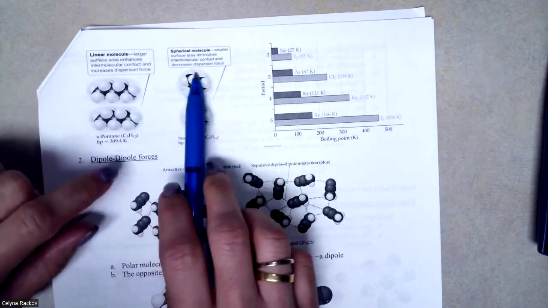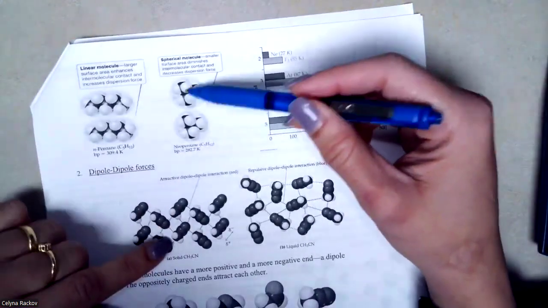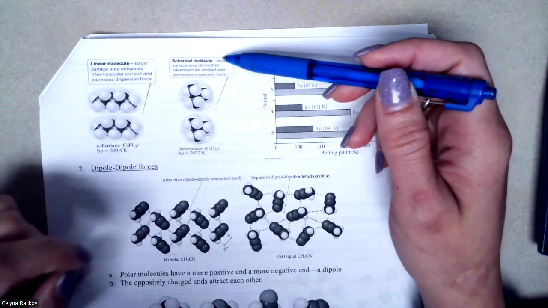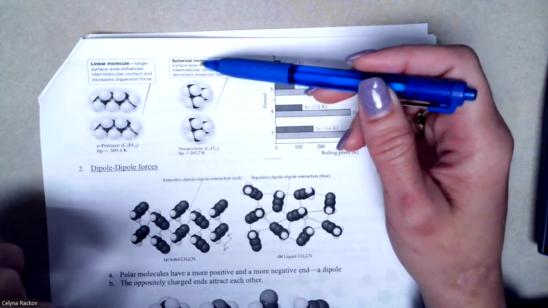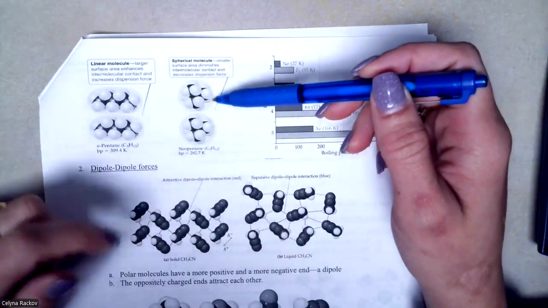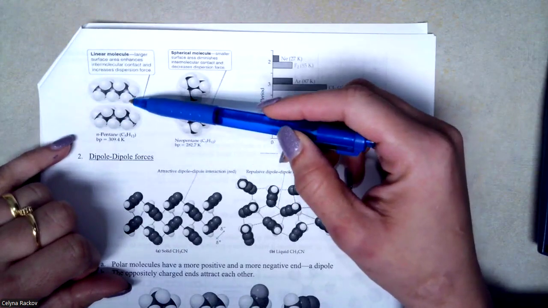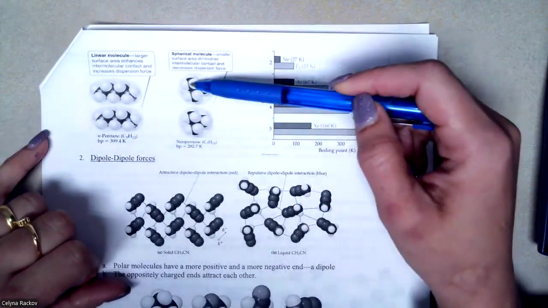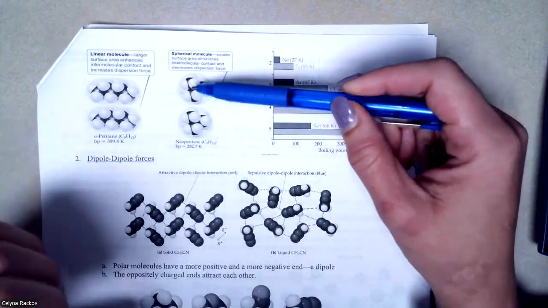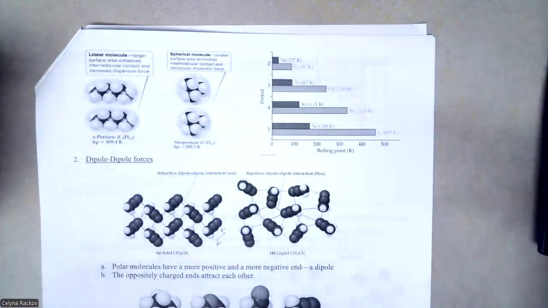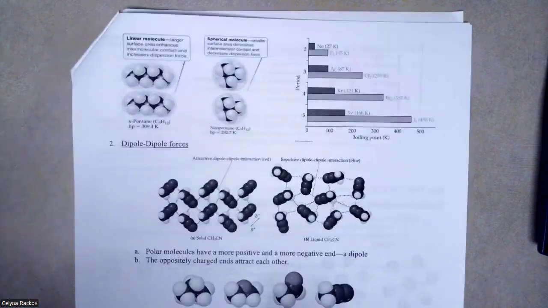This one is more compact, a spherical molecule, so the smaller surface area diminishes intermolecular contact and decreases the dispersion force. So all molecules have dispersion forces.